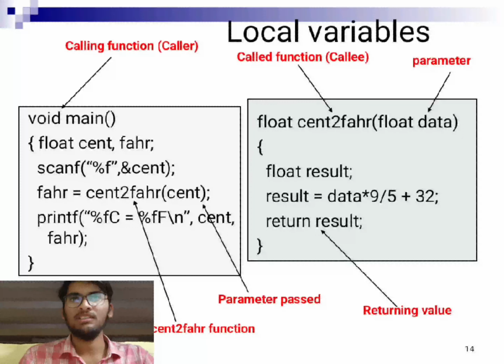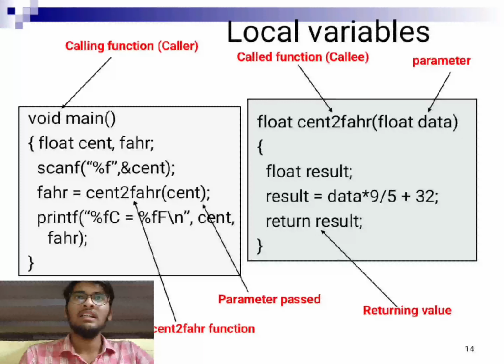Now the calling function and the called function. Void main, float is the data type. Sent Fahrenheit: scan reading and storing into FAHR. Printf prints the result of the sent function. Void main is the calling function.